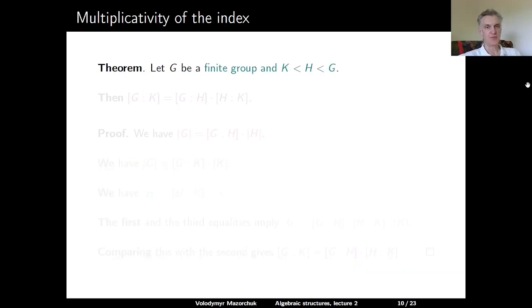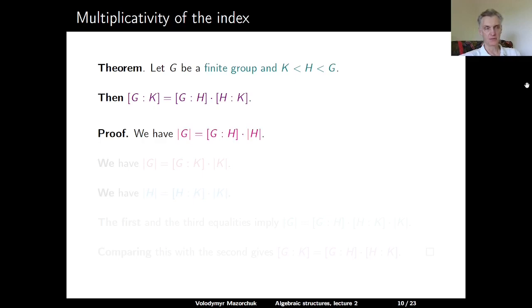Theorem. Let G be a finite group, and H a subgroup in G, and K a subgroup in H. Then the index of K in G is equal to the product of the indices of H in G and K in H. Proof.